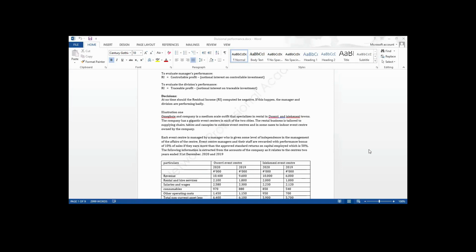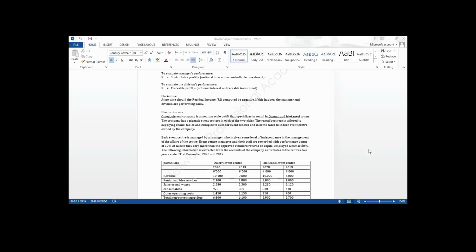Illustration one. Omagbeoje and Co. is a medium scale outfit that specializes in rental in Owerri and Isekenesi town.